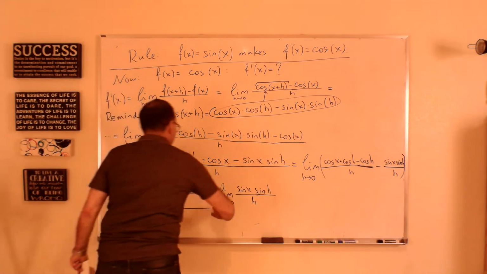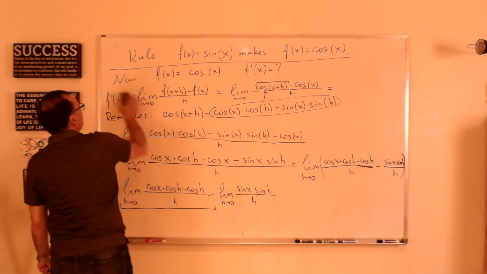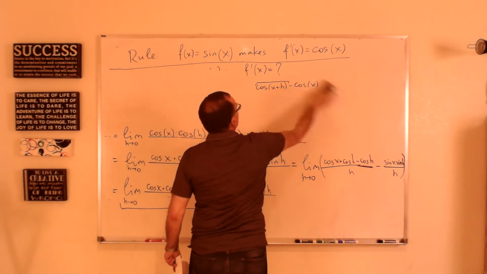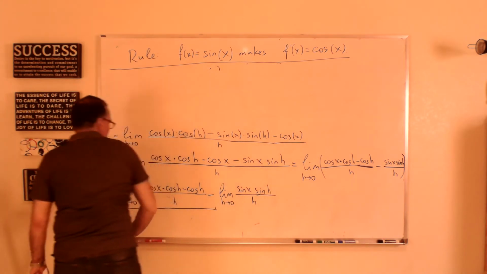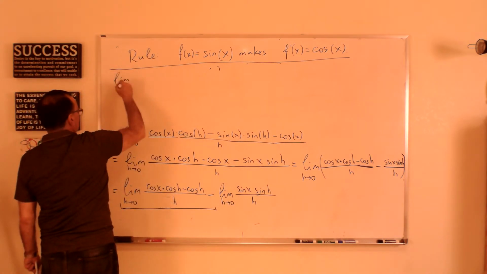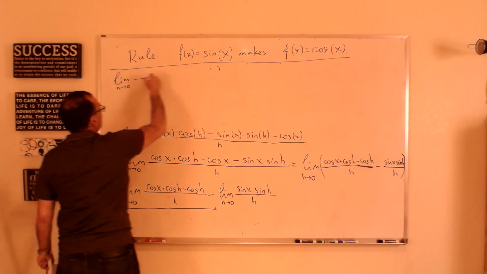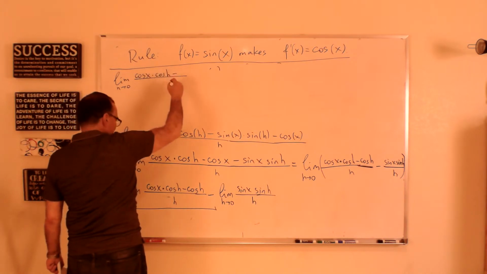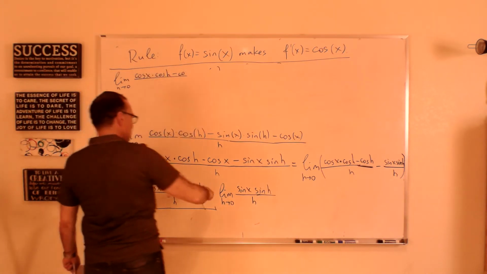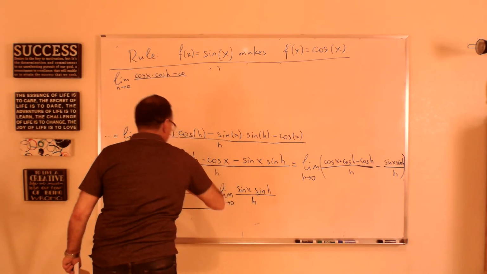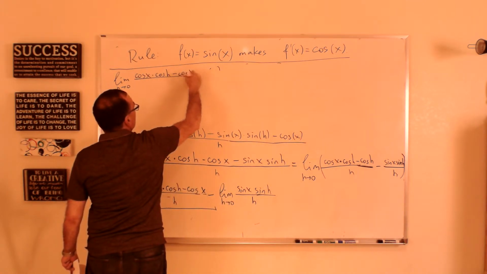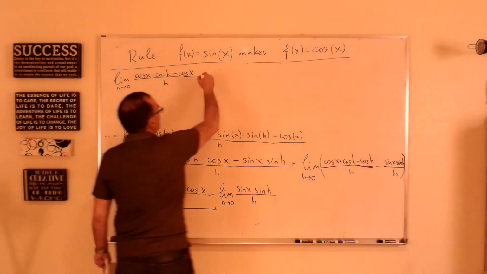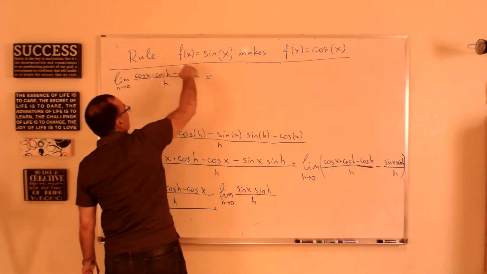And again, I want to calculate both limits. To calculate the first limit as h approaches 0 of cosine x times cosine h minus cosine x, divided by h, the first thing I do, I factor out the cosine x, because there's cosine x here and here.